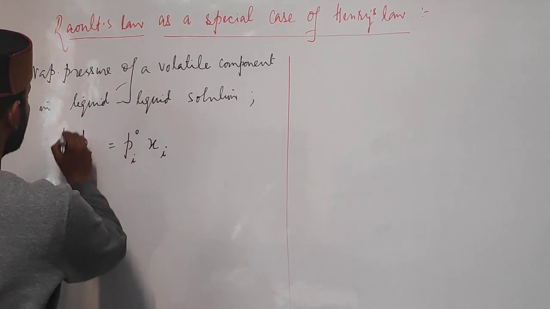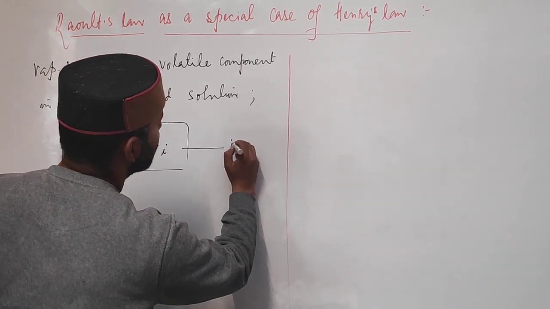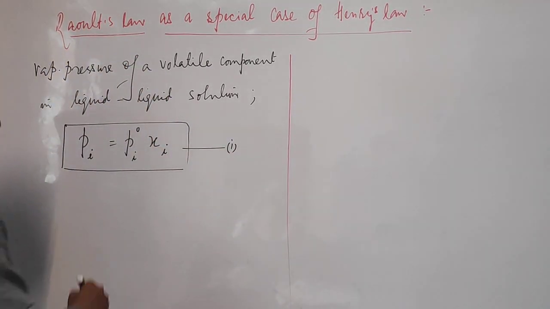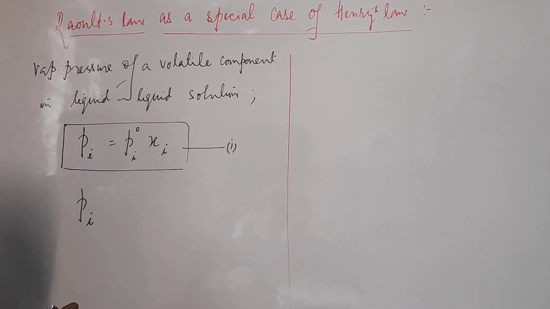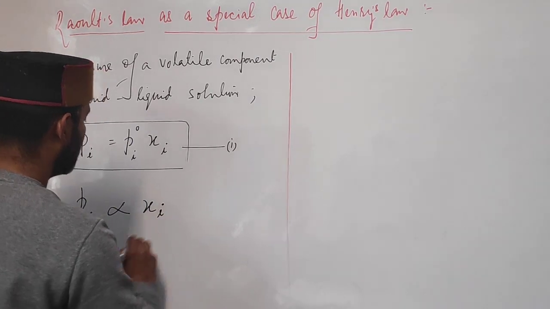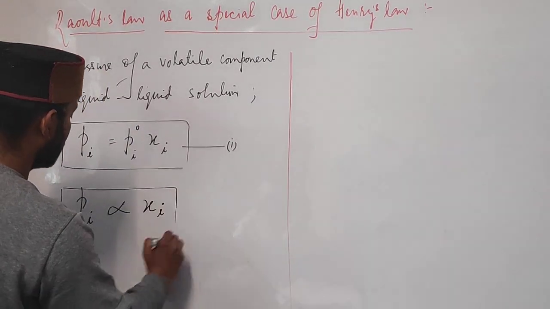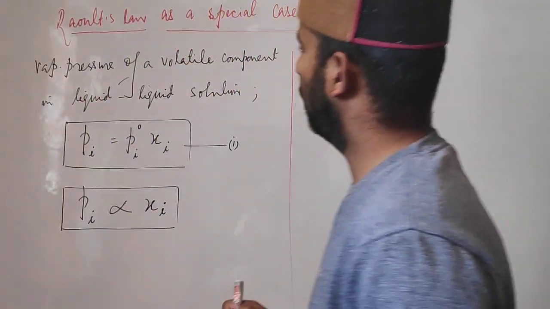So this is our Raoult's law. Or we can say the partial pressure of the ith component of a liquid solution is directly proportional to its mole fraction in the solution.